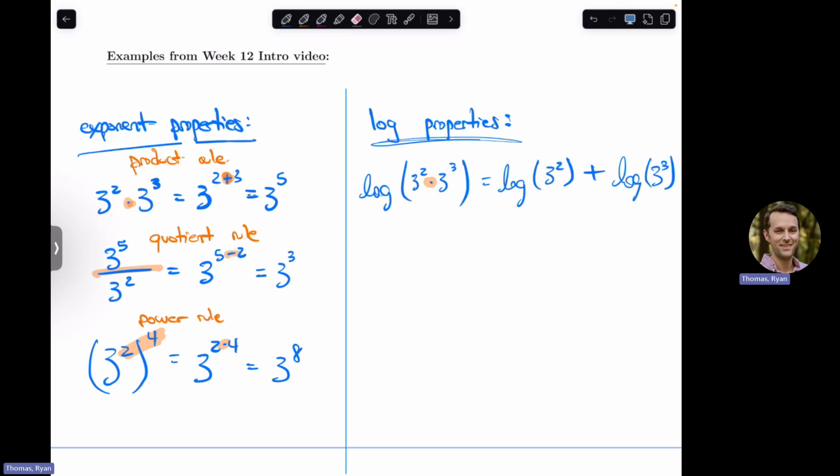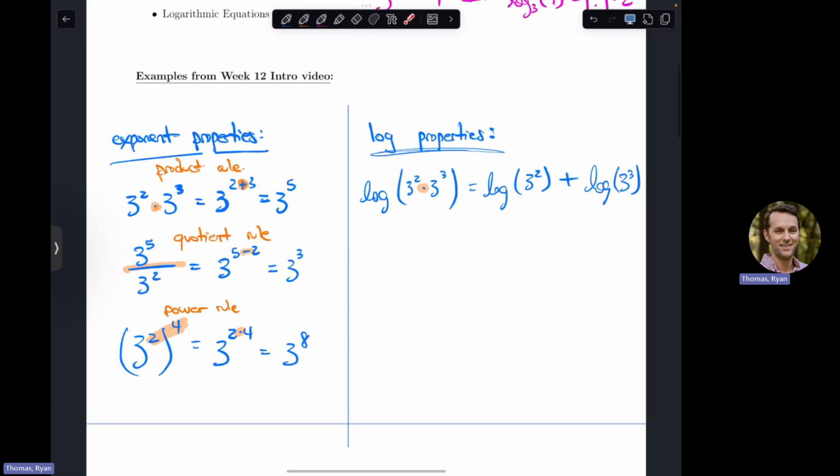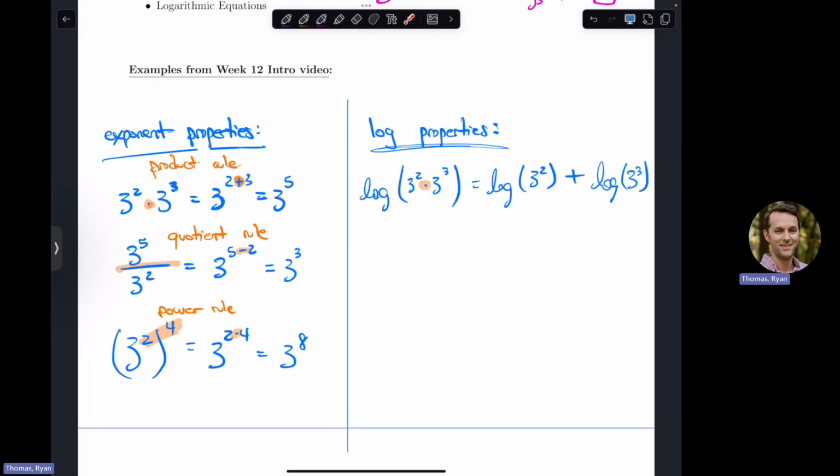And just like there wasn't anything special about the 3 here as the base, or the powers that I chose, I'm just picking something to write it down, because otherwise I'd have to write everything in terms of A and B and whatever, and then people get kind of lost in that. So I'm just choosing something to write it down with. But the point is that the log of a product turns into the sum of the separate logs.